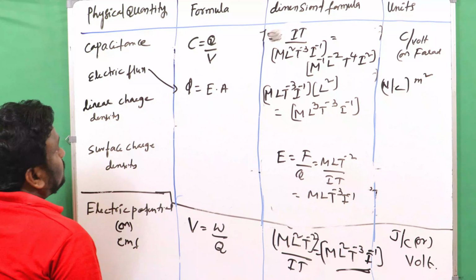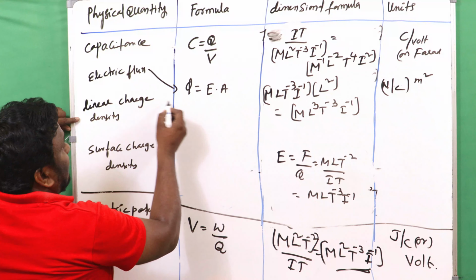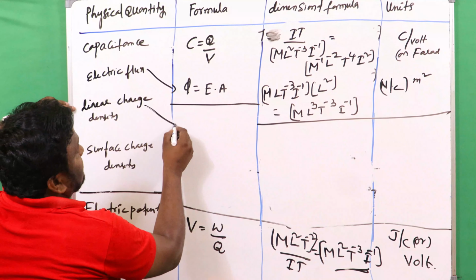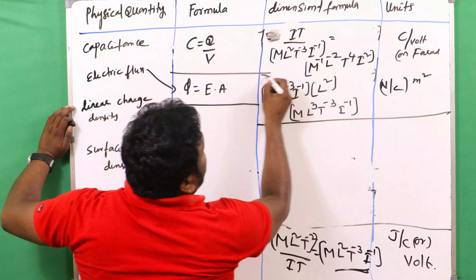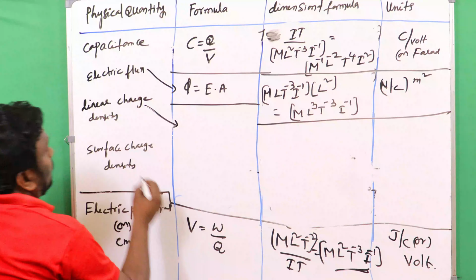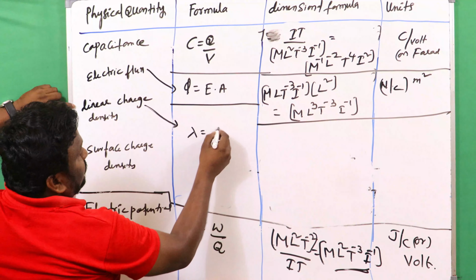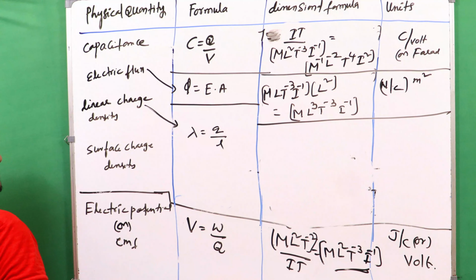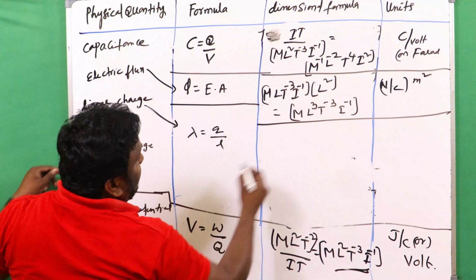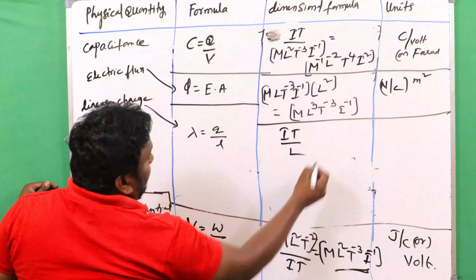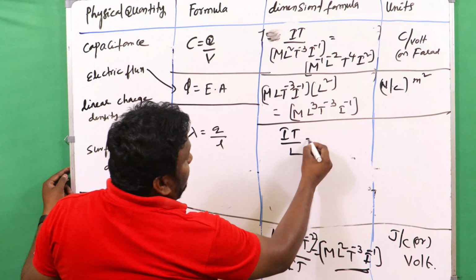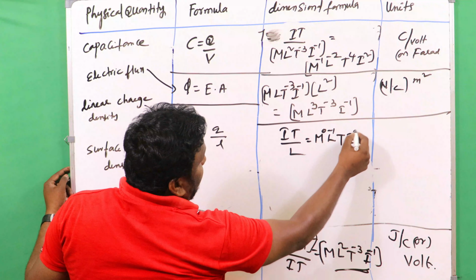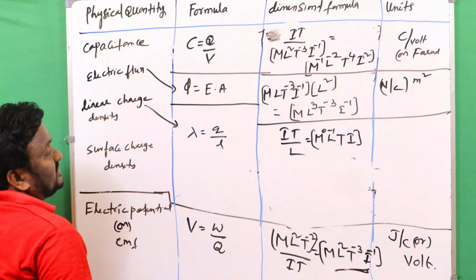And now linear charge density. Lambda is equal to Q by L, where lambda is the linear charge density. Q is the charge, IT, by L. So that is M⁰ L⁻¹ T I. This is the dimension formula of linear charge density.